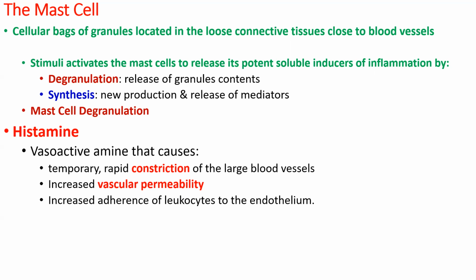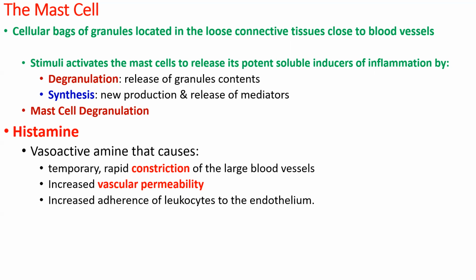So the stimuli activate the mast cells to release their potent soluble inducers of inflammation, such as we said, histamine, bradykinin, cytokines, prostaglandins, leukotrienes. All these are types of chemical mediators or soluble inducers of inflammation.